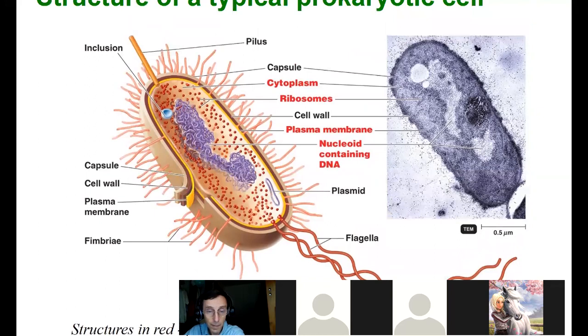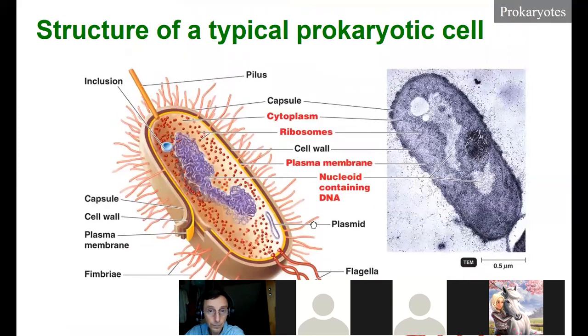A plasmid is a small molecule of DNA that we can find in prokaryotic cells, and it's separate from the chromosome. And lastly, a pilus, a sex pilus, we'll talk more about that later. That's a structure on some cells which is used for moving plasmids from this cell to another cell.